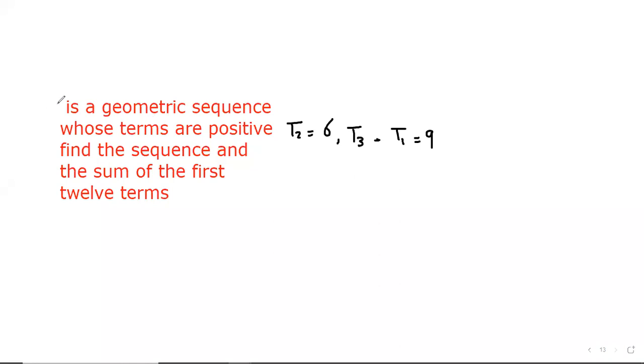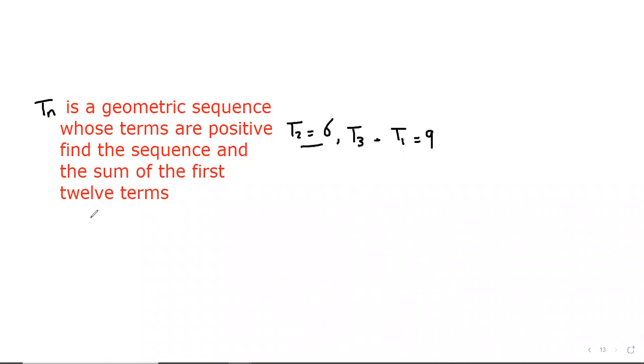Here in this example, Tn is a geometric sequence whose terms are positive. T2 equals 6 and T3 minus T1 equals 9. Find the sequence and the sum of the first 12 terms. Here in this case, T2 equals 6.